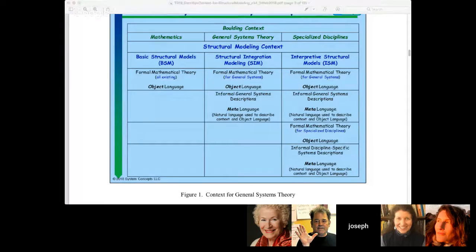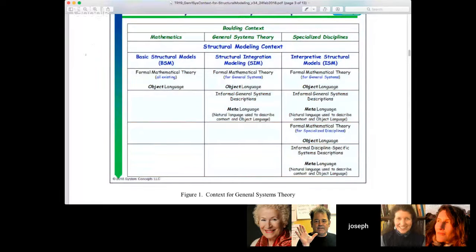Okay. So that just says, mathematics. It just has formal mathematical theory. That's it. And of course, in this one, we talked about the object language and the meta language. Now, for those people who are following SOA's work on ontology, what he's talking about now is you have a formal type of ontological language that then depends on informal pools of semantics everywhere.